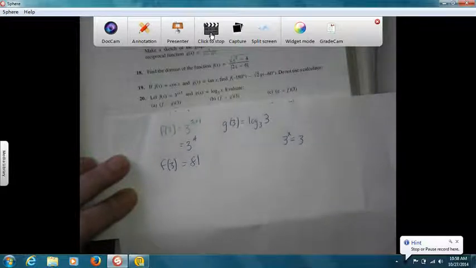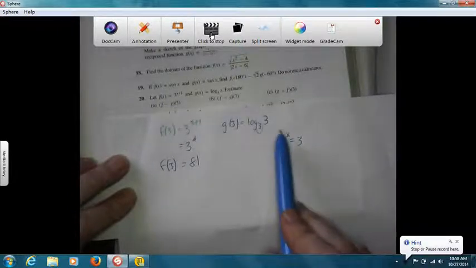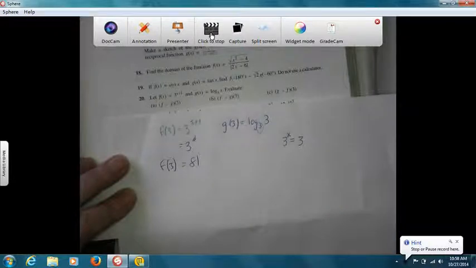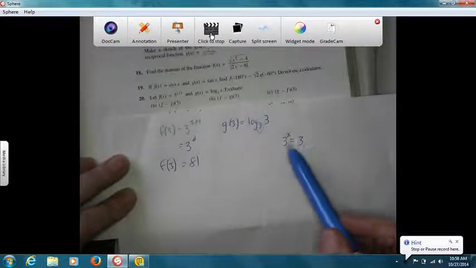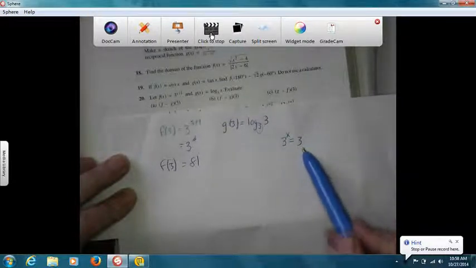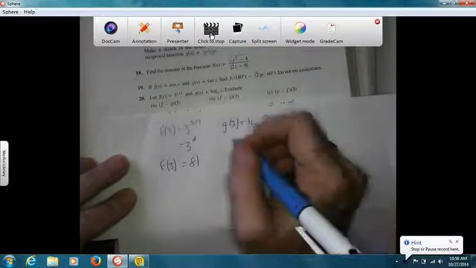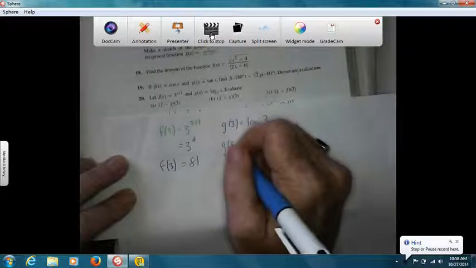That's exponential form, because this is the base, and then you write it to some exponent. I can tell by inspection that 3 to the 1 would be 3. So in this case, g of 3 equals 1.